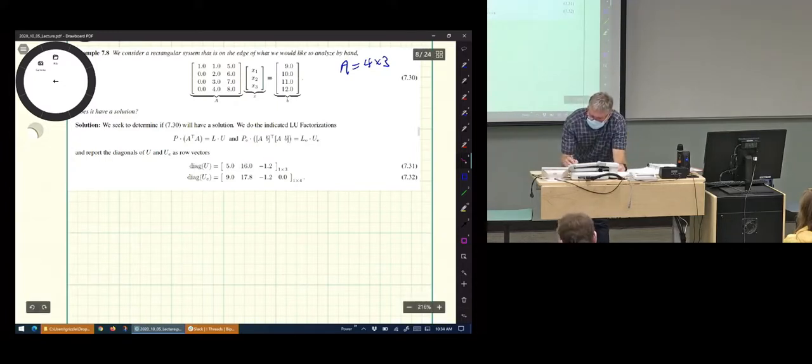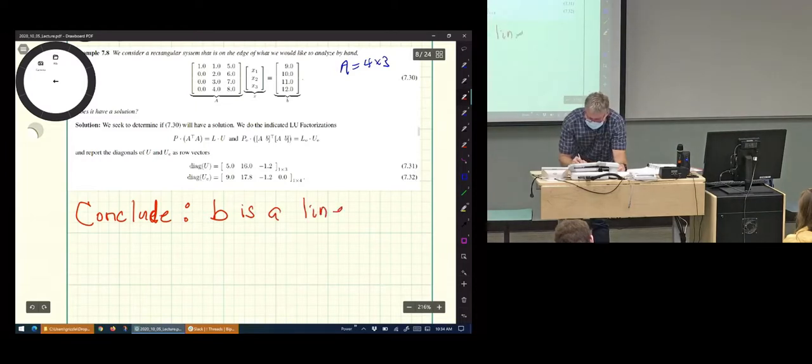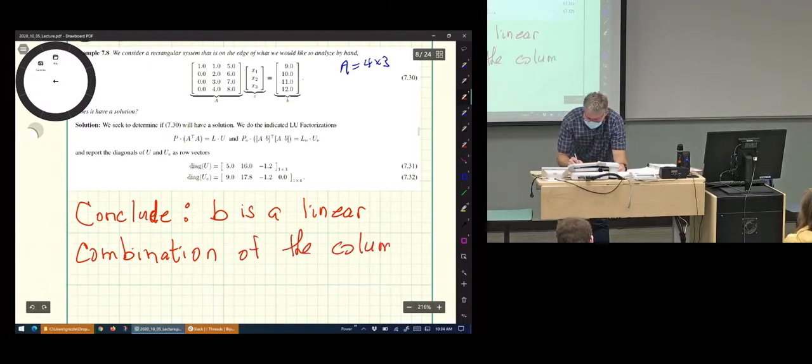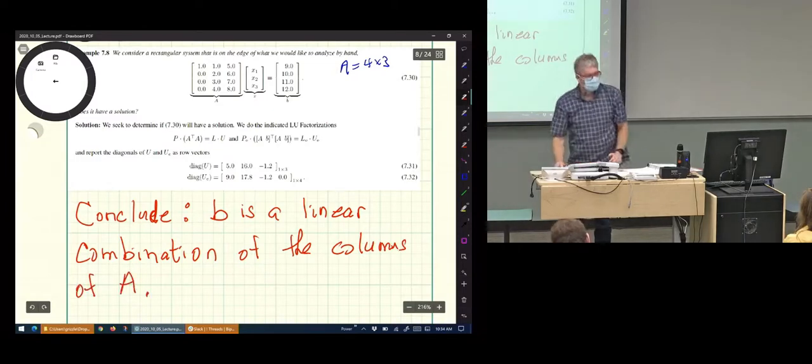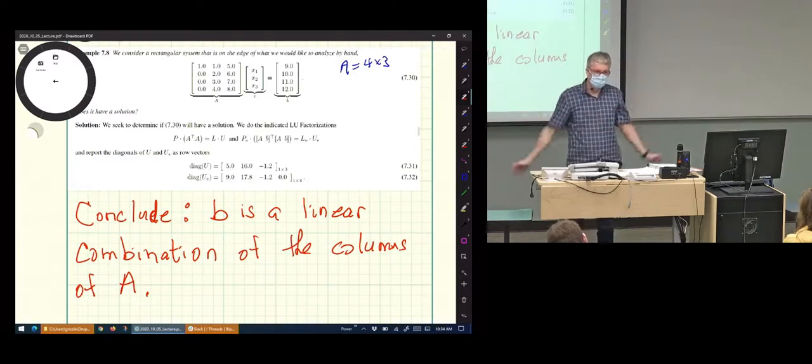Okay, so now I can conclude B is a linear combination of the columns of A. I added B, I did not get additional independent vectors. That's the key thing.